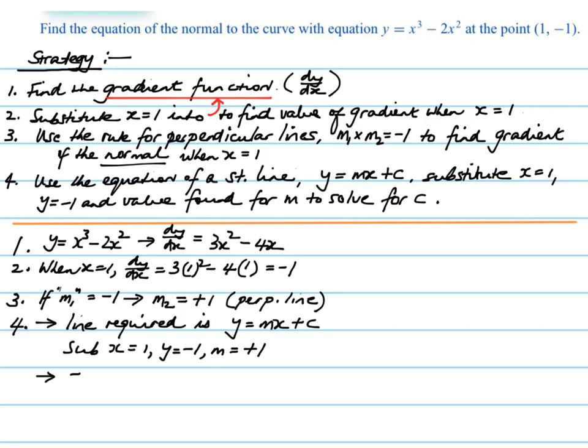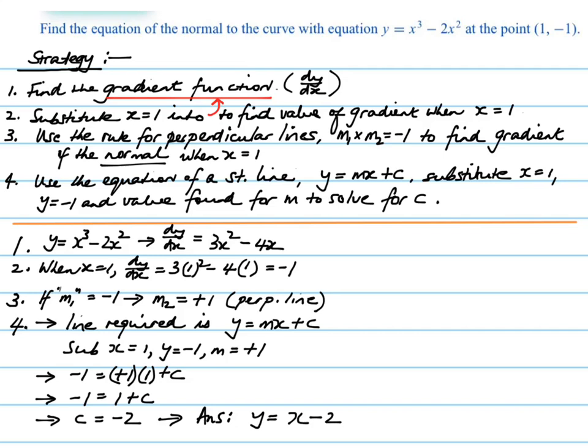Reveal yourself to us, Mr. C. What are you? You are Mr. Negative 2. Very good. The answer is y equals x minus 2. There it is. That's the normal line to the curve at the point 1 and minus 1.